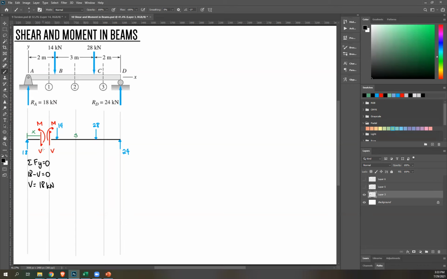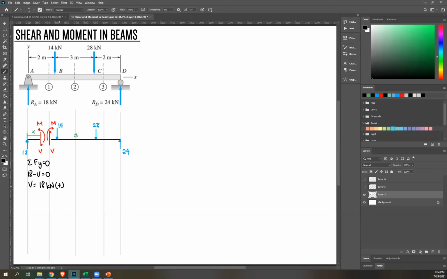The governing sign convention for shear and moment is what I showed earlier. If it creates clockwise movement along your beam, it's positive. Let's rotate this about our beam. As you can see, that's clockwise. Therefore, positive, correct assumption.